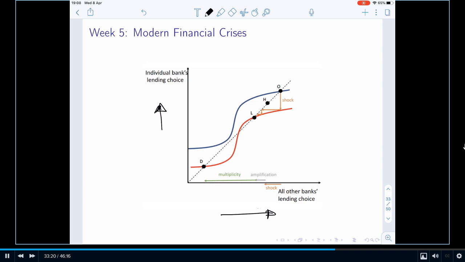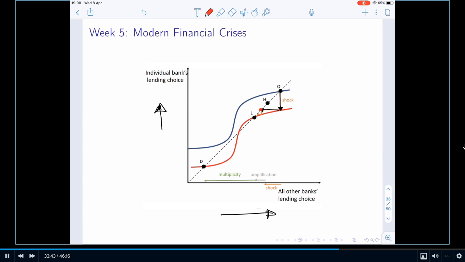And the key thing here is that, unlike the previous case, so that's how much I would cut my lending in response to the coronavirus shock, taking as given the actions of the other banks. This horizontal arrow is how much the other banks would cut their lending in response to the shock, taking as given my actions, i.e. my actions before the cut.